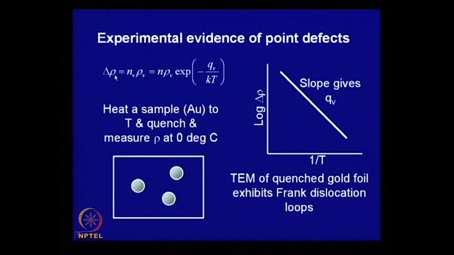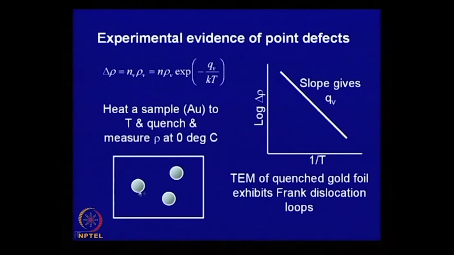If you plot the log of change in resistance against 1 over T, you will get a linear plot, and the slope of the plot gives you an estimate of the energy needed to create a vacancy. And indeed, with the availability of TEM, such samples were then examined under the electron microscope, and what you see is something like this.